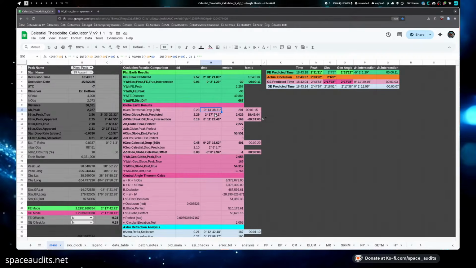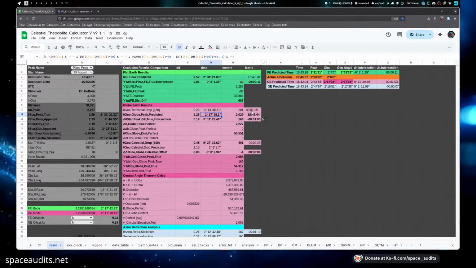So the way that you can conceptualize that is, as the star is moving from the observer's location, its true position, as it's moving from 2 degrees and 33 arc minutes down to 2 degrees and 6 arc minutes, it should be intercepted by a globe peak here at 217, because that's when they're going to be geometrically aligned.